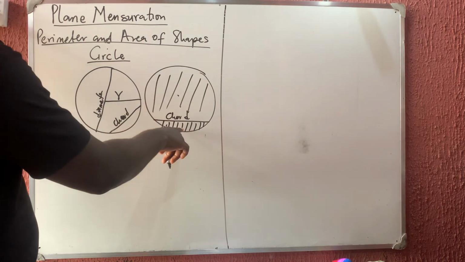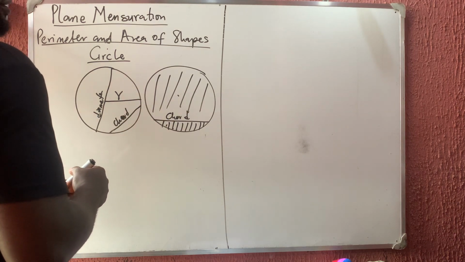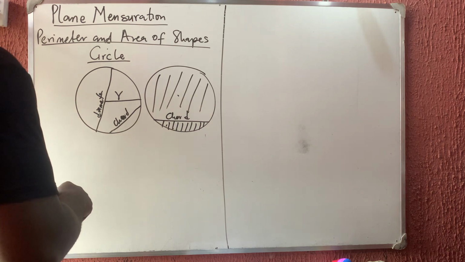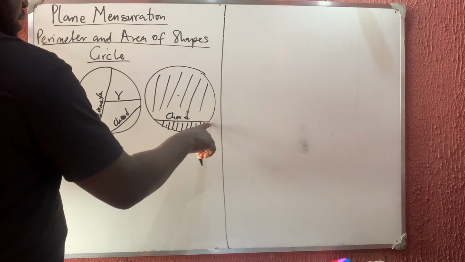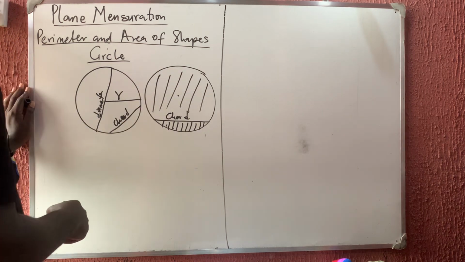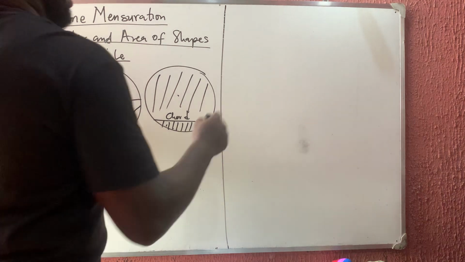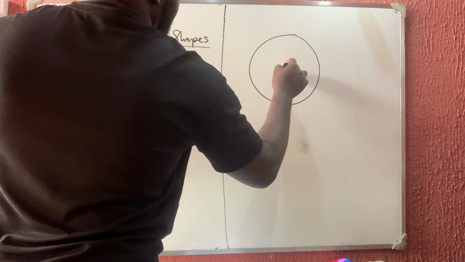Or the minor sector. This is a sector, and then the major sector. Then the distance from here to here is called the minor arc, while the distance from here to here is called the major arc.